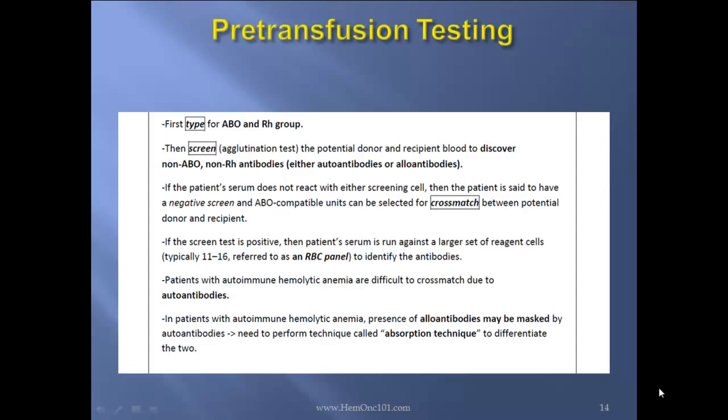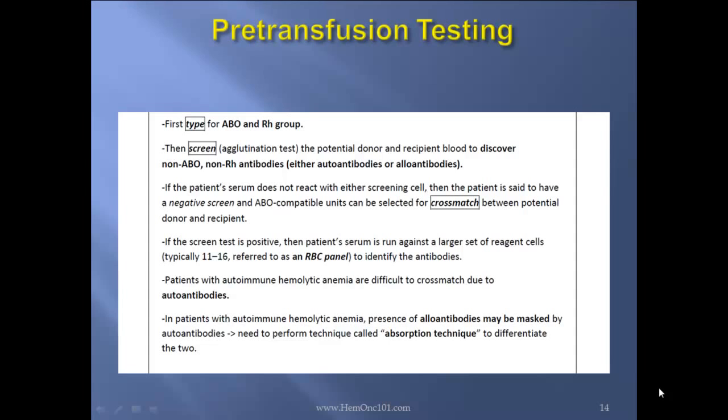If the patient's serum does not react with either screening cell, then the patient is said to have a negative screen, and ABO-compatible units can then be cross-matched between the potential donor and the recipient. If the screening test is positive, then the patient's serum is run against a larger set of reagents, typically 11 to 16, referred to as an RBC panel, to identify the antibodies.